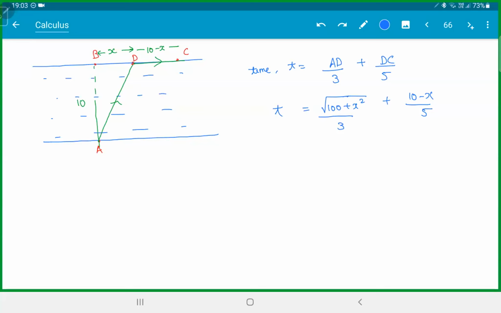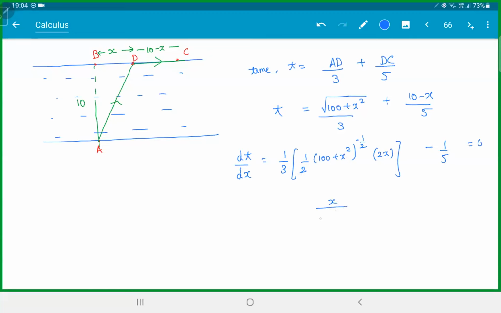So differentiate this, everyone. How do you differentiate? Chain rule. 1 by 3, that is 100 plus X square whole power half. So that will be half, 100 plus X square power half minus 1, so minus half, and then differentiate whatever is inside. That will be 2x. And this will be minus 1 by 5. I skipped some steps, check it out. So 2 will cancel.